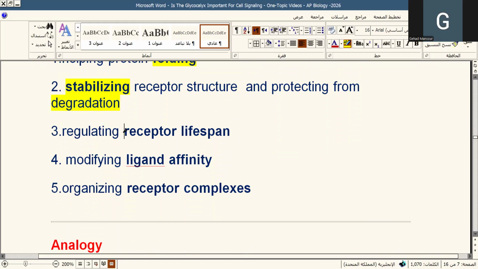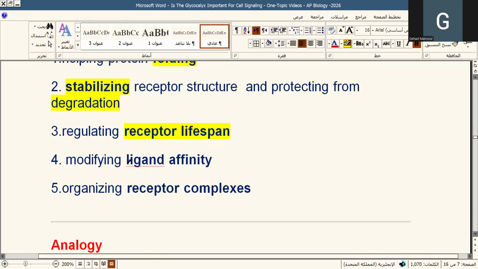And in such a case, you are prolonging the receptor lifespan. But why are we writing regulating lifespan? Because, as we said before, it's a dynamic process. Sometimes we want to elongate the lifespan of the receptor, in which case the carbohydrate moiety will stay firmly attached, or we want to end the life of this receptor, and therefore we detach the carbohydrates from the protein, and the protein loses its conformation.